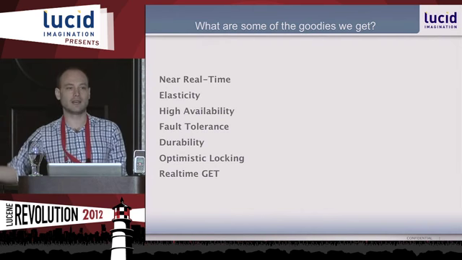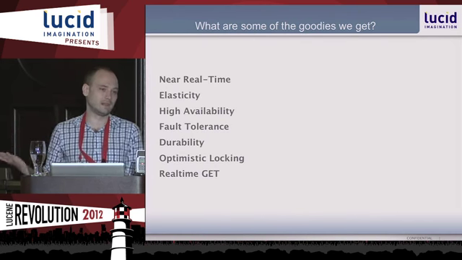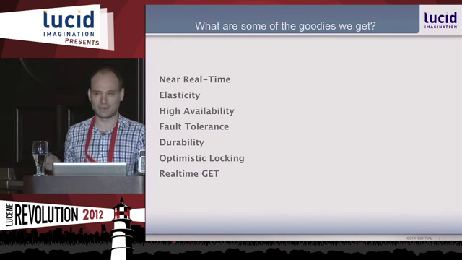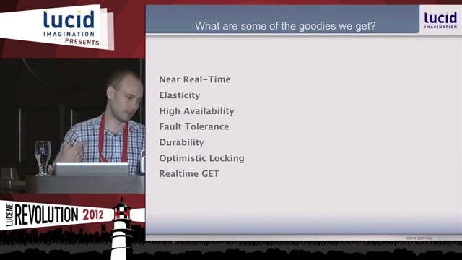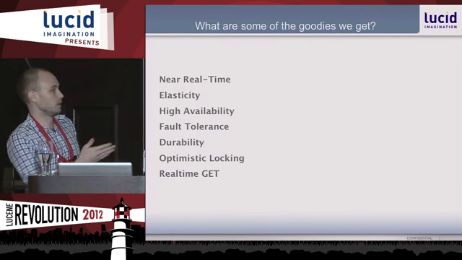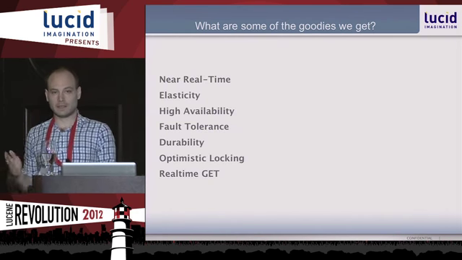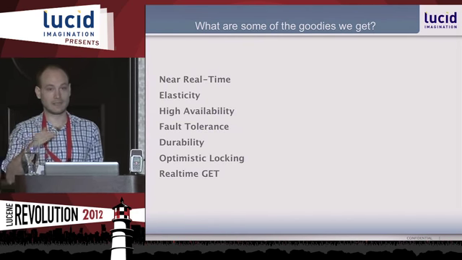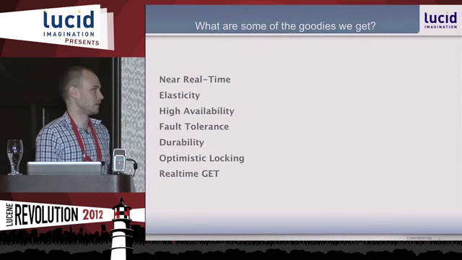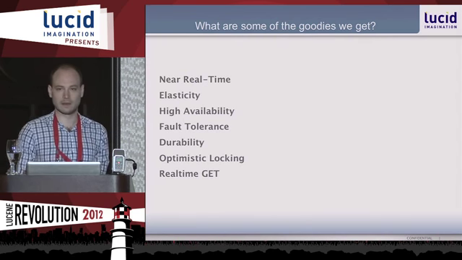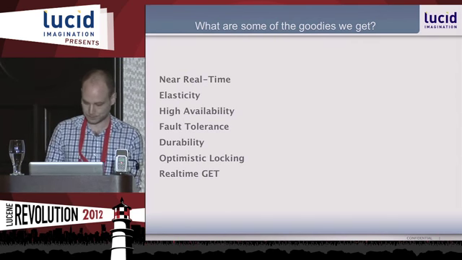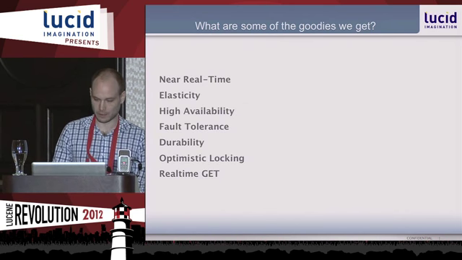So you may have added the document, but even with near real time, it's going to be half a second or however often you decide to open it before you can see it. Real-time get lets you use a different interface to say, I don't care if an index searcher can see it yet or not. Give me the latest of what's there. So you can use it more like a NoSQL type feature too. And we also use that for certain recovery scenarios.